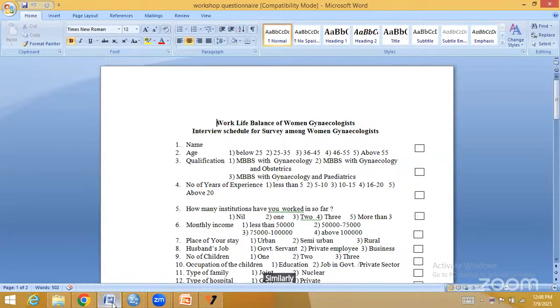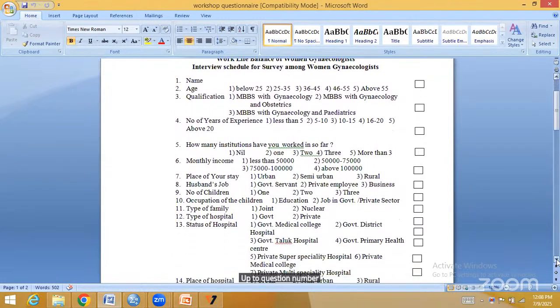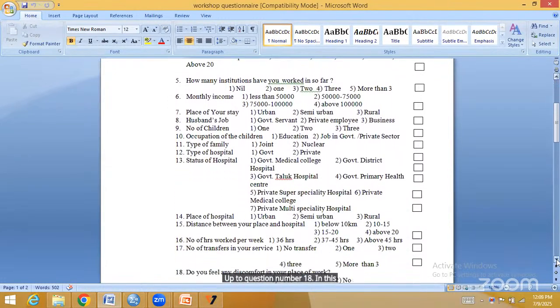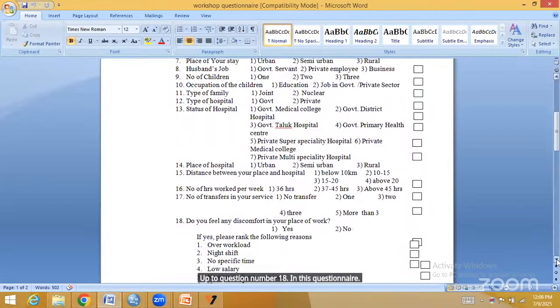Similarly, in the fourth question also, how many categories? Less than 5, 5 to 10, 10 to 15, 16 to 20, 5 categories. And how many institutions have you worked in so far? Nil, 1, 2, 3, 5 categories. Likewise, up to question number 18 in this questionnaire, we have categorical variable.